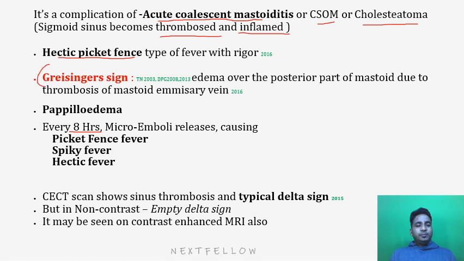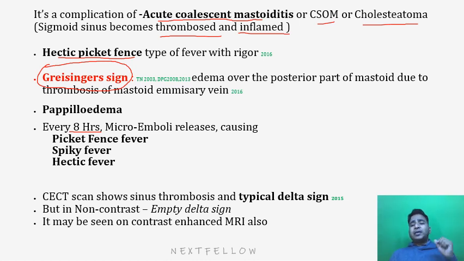Now there is one sign in this, known as Griesinger sign. What is this sign? Because of the thrombophlebitis, there will be edema and redness over the posterior part of the mastoid. If the patient has sigmoid sinus thrombophlebitis, the posterior end of the mastoid will have some bluish discoloration, some reddishness, and edema. That also helps in the diagnosis.